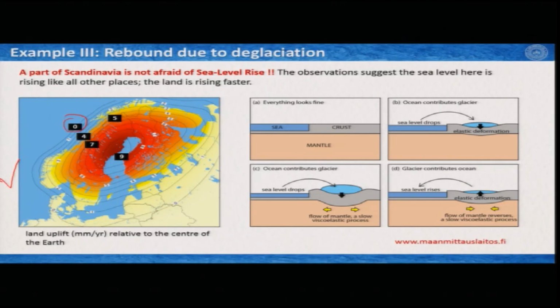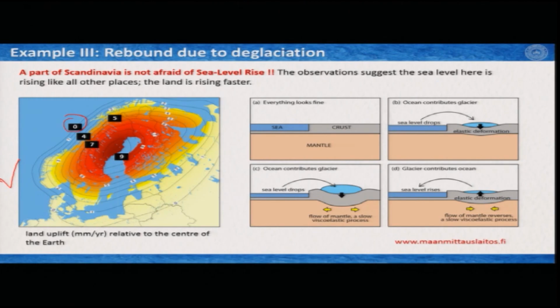Now, this behavior is explained by a combined rheology, why land is rising up in this region and why the maximum rise is at the core of this area.